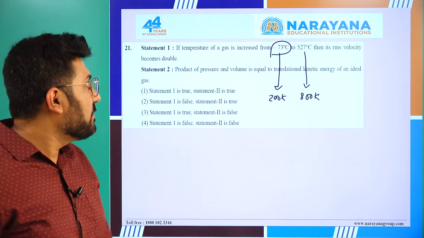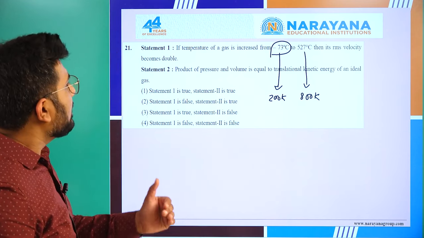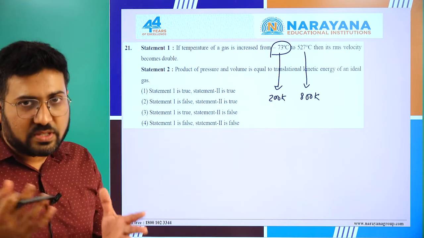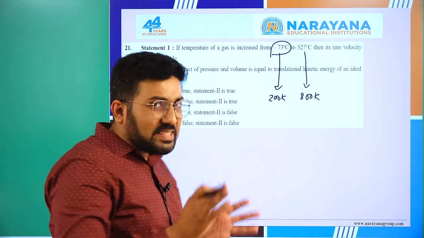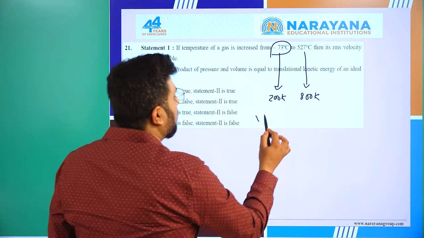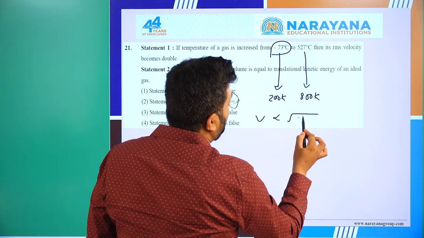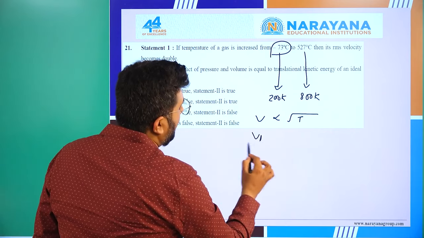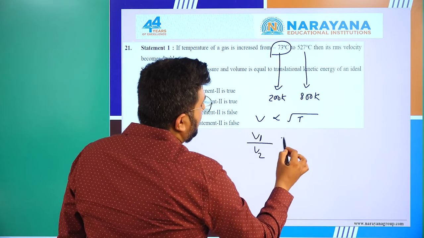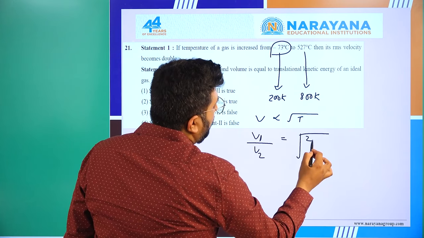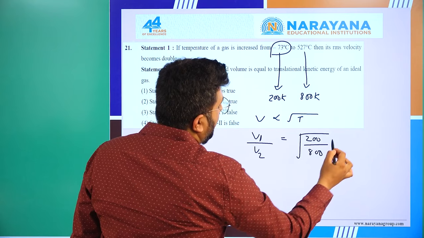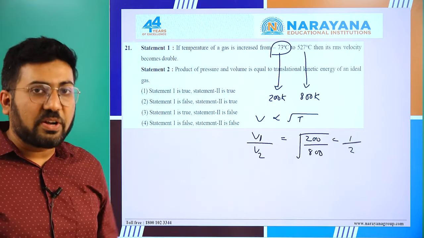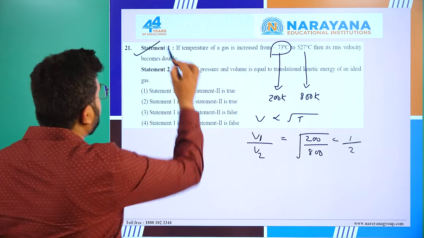Then what they are asking is that if the temperature is increased, the RMS velocity becomes double. So the gas they have kept fixed, that means the velocity is directly proportional to the root of temperature. So I can say V1 by V2 is equal to root over 200 by 800, that is half. So yes, the RMS value has doubled. So the first statement is correct.